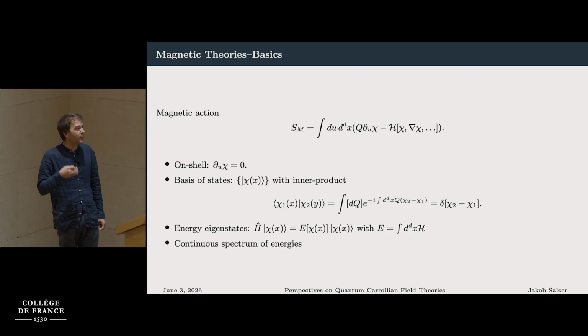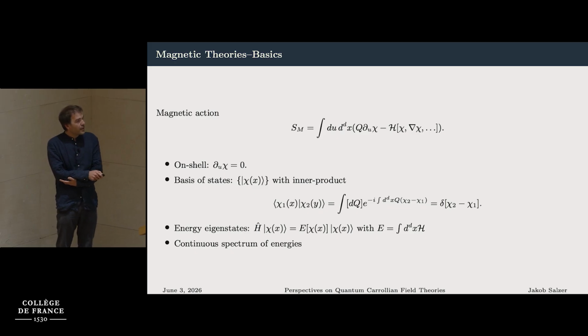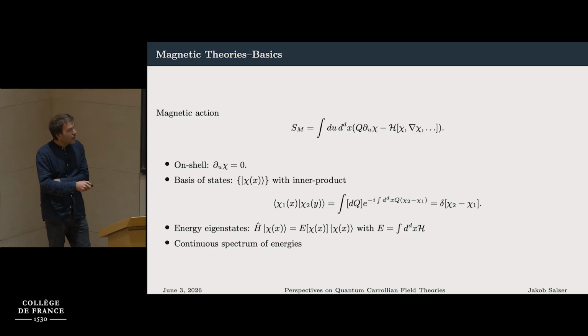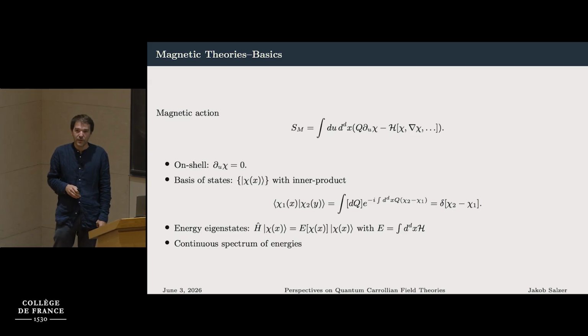Here they are normalized to delta functionals. We have energy eigenstates, so all of these are energy eigenstates. So acting with the Hamiltonian on them, you obtain just the energy of this chi configuration that you're looking at. But also notice that here nothing is really quantum, right? I mean, I haven't quantized anything. We have this continuous spectrum of energies.